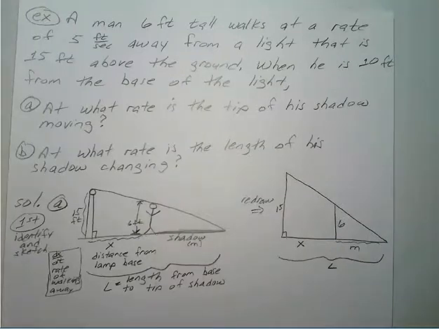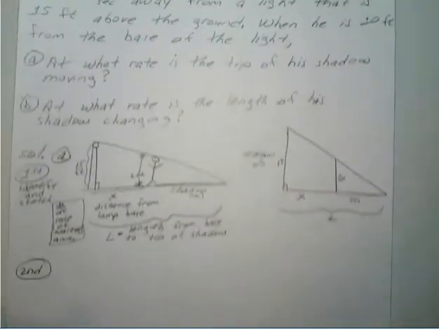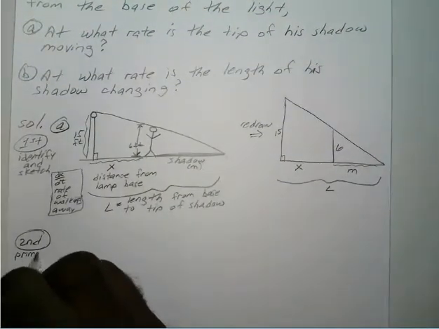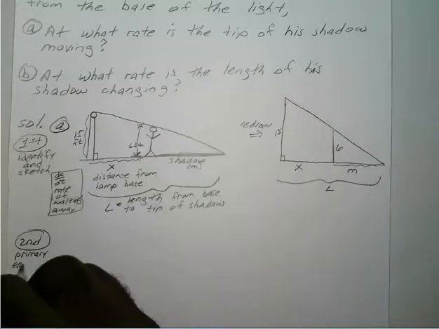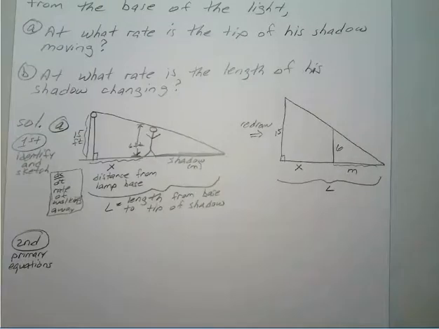Okay, so our second step, we find our primary equations. Okay, so how do we find those? Once again, you have to go back to those old classes that you may or may not remember, or old formulas that you probably haven't seen in a while.